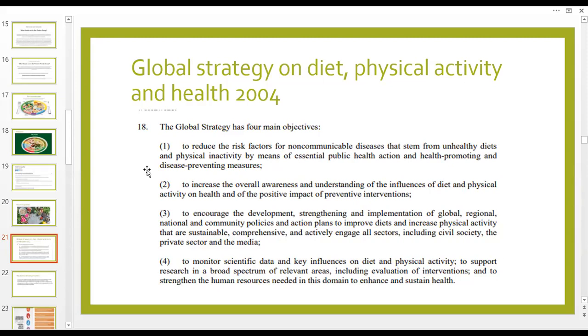So it's very important that balanced diets should be used that are sustainable, comprehensive, and actively engage all sectors, including civil society, the private sector, and the media, to monitor specific data and key influences of diet and physical activity, to research in a broad spectrum of relevant areas, including evaluation of interventions, and to strengthen the human resources needed for the domain to enhance and sustain health.